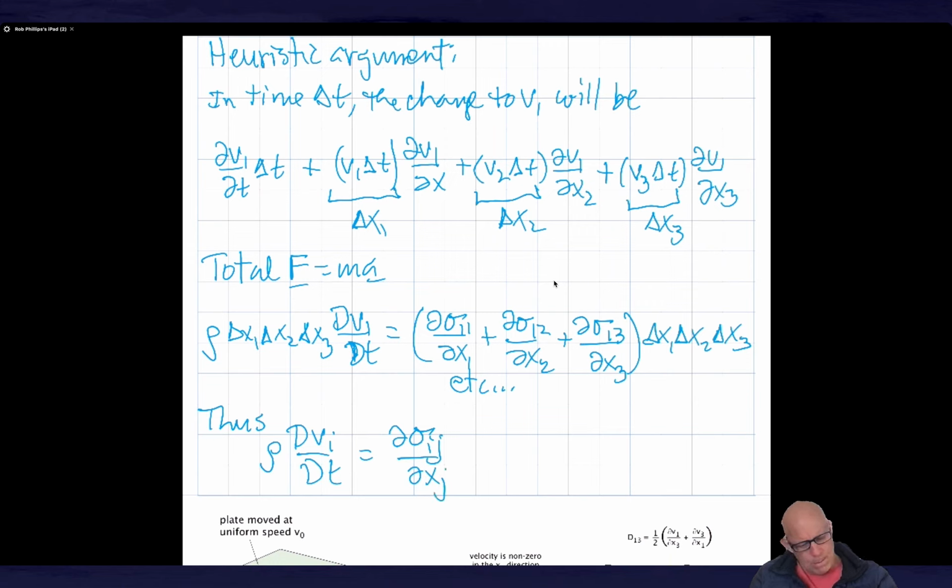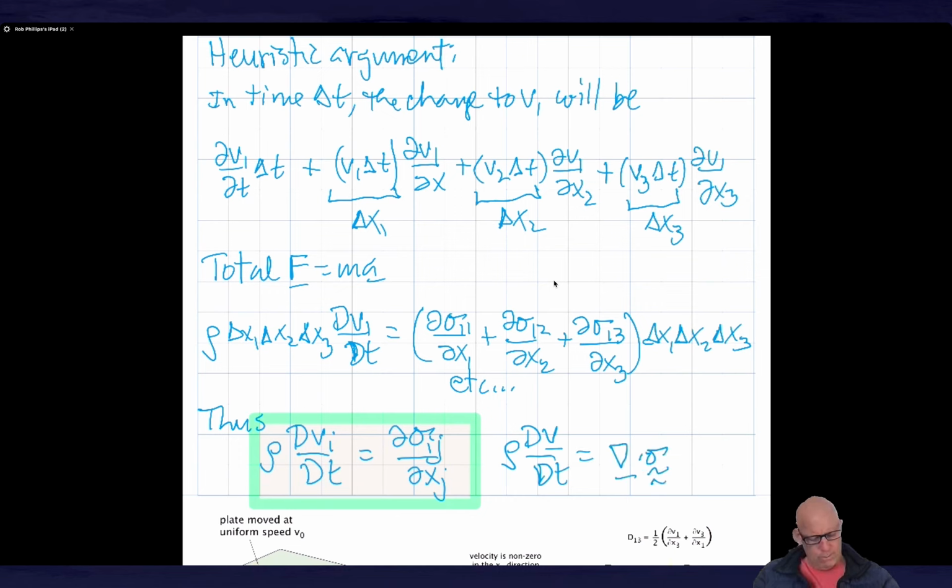And that's our fundamental relationship. That's the outcome, and I can also write this in direct notation as rho dv vector by dt is equal to the divergence of the stress tensor. That's another way of writing this.